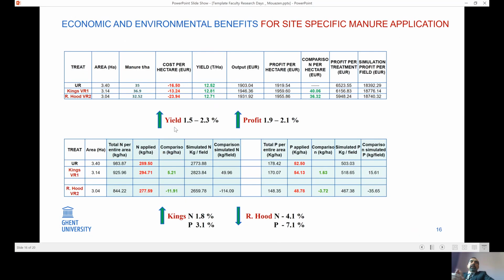Our results showed that variable rate technologies, both the King's and Robin Hood's, can increase yield by 1.2 to 2.3%, and increase profit by 1.9 to 2.1%, while reduction in N and P can only be obtained by the Robin Hood's approach, where the use of N can be reduced by 4.1% and P can be reduced by 7.1%, while unfortunately the King's approach has used more N, 1.8%, and more P, 3.1%.